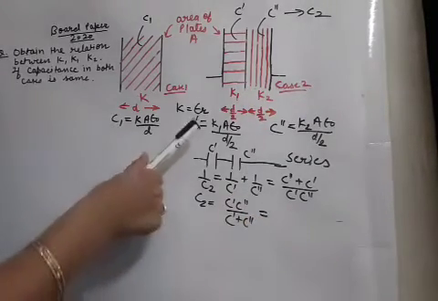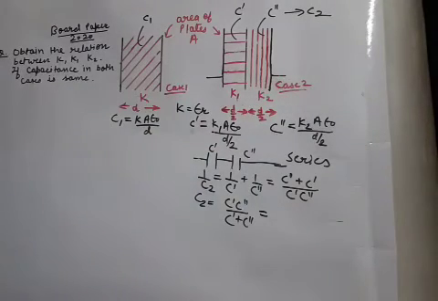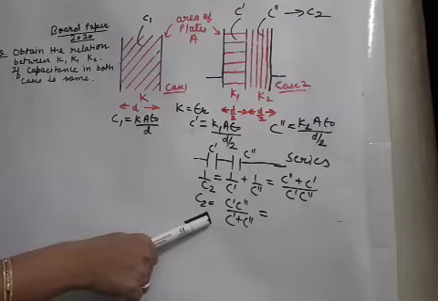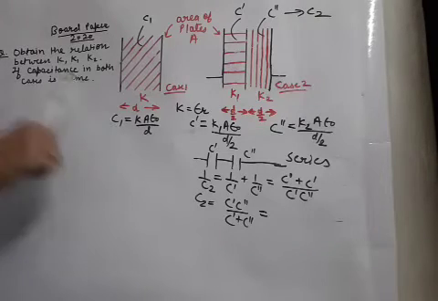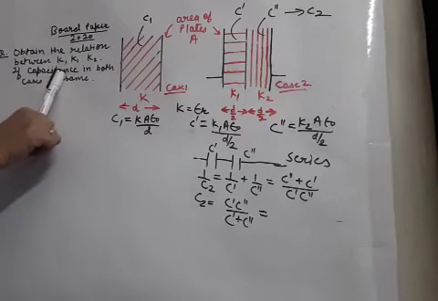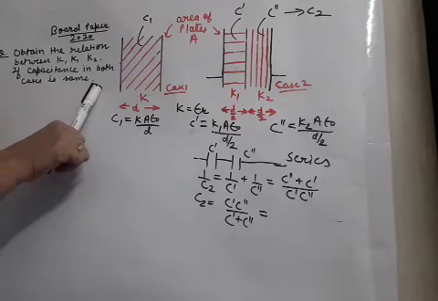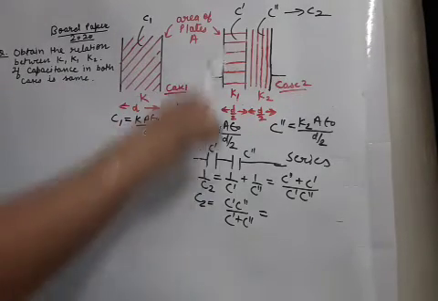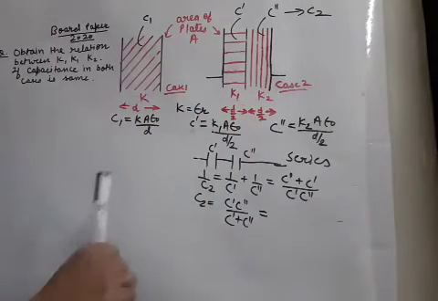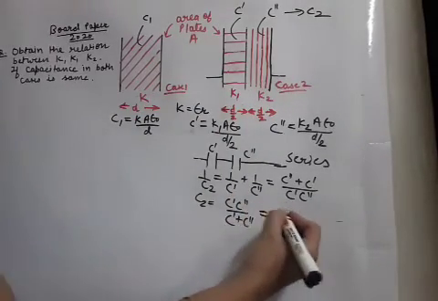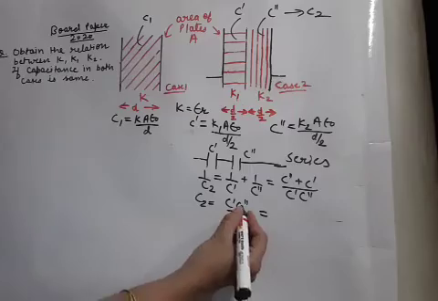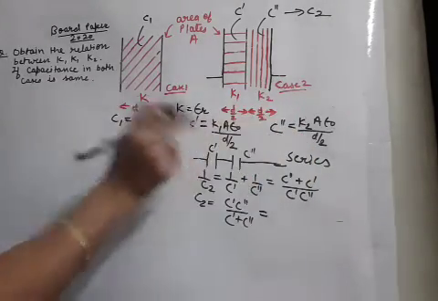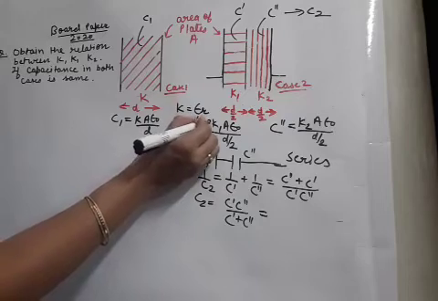Now let us apply the values of C dash and C double dash so that we get C2, and after getting C2 we have to equate it with C1 because in the question it is written that capacitance in both cases is the same. So let us obtain the answer here. Firstly we can make it simple by shifting this 2 to the numerator side.